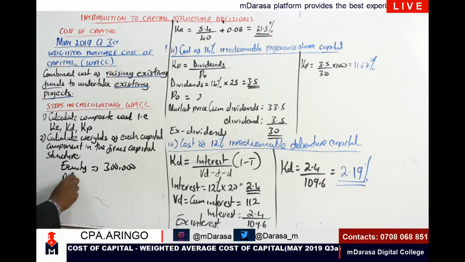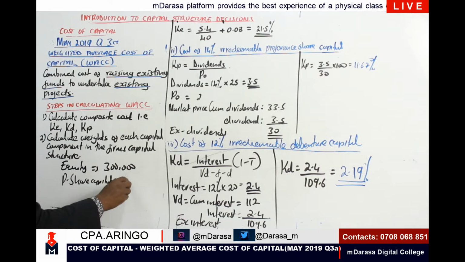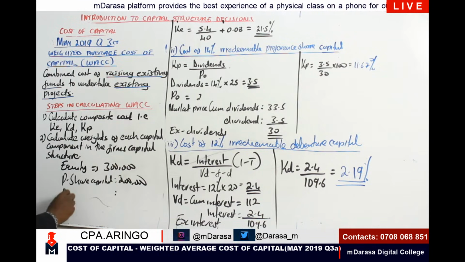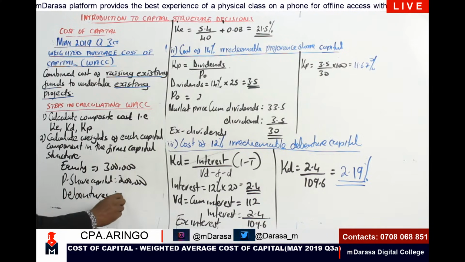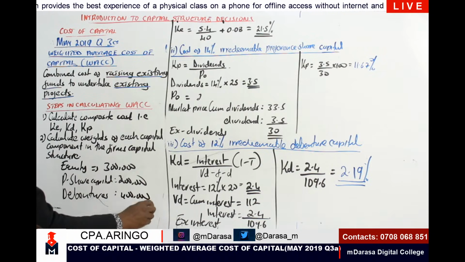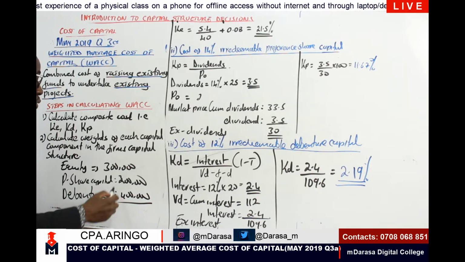Market value of preference share capital maybe is 200,000, and maybe market value of debentures is say like 400,000.